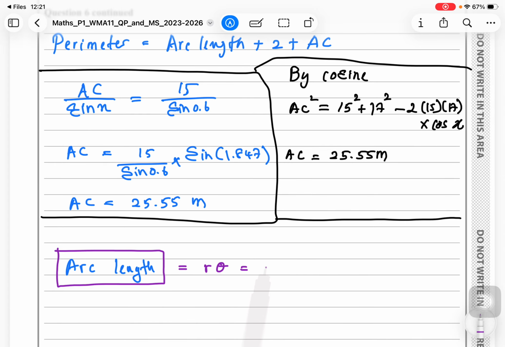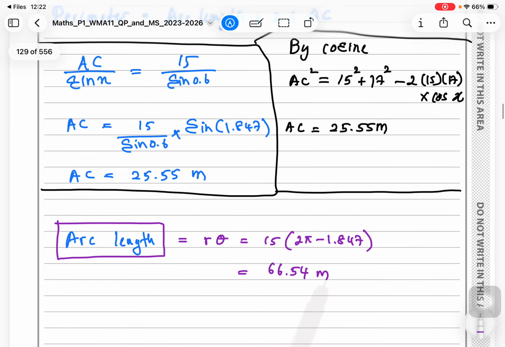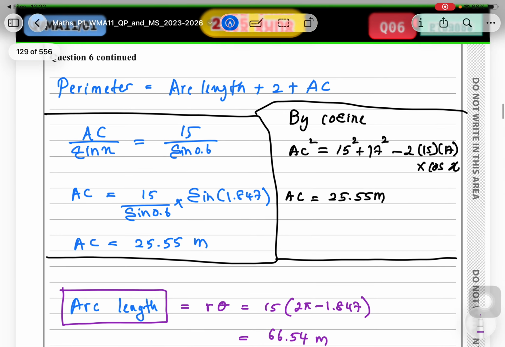In your case it's 15 times 2 pi minus 1.847, which can easily be taken, quite straightforward. That will be 66.54 meters.